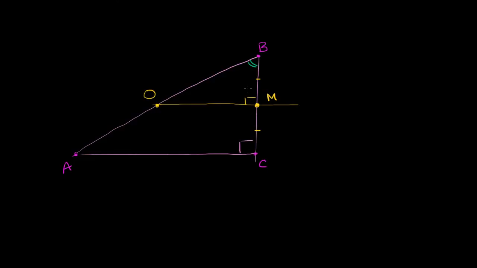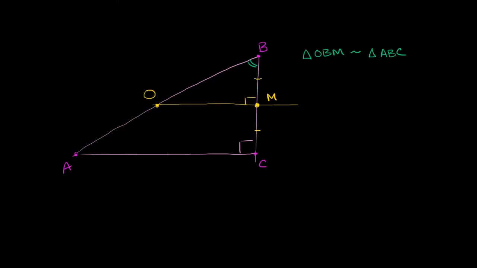So by AA triangle similarity, we have triangle OBM is similar to triangle ABC. And what's useful about this is we know that in similar triangles, the ratios between corresponding sides are a constant.